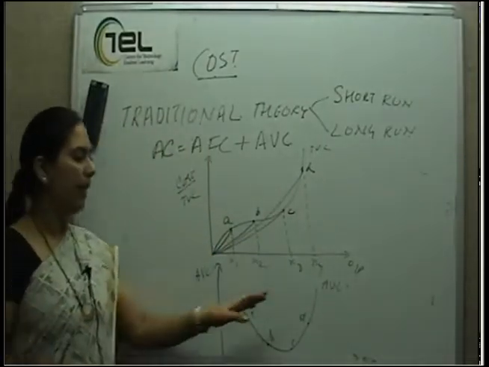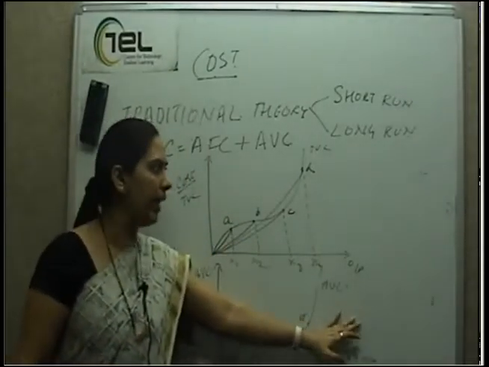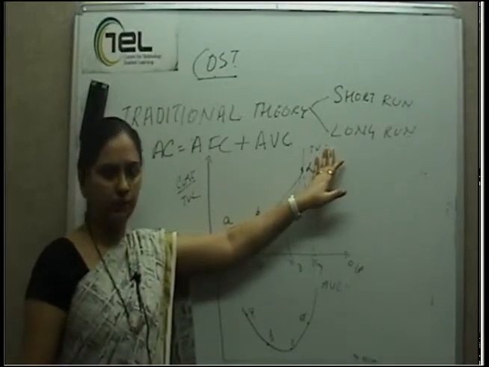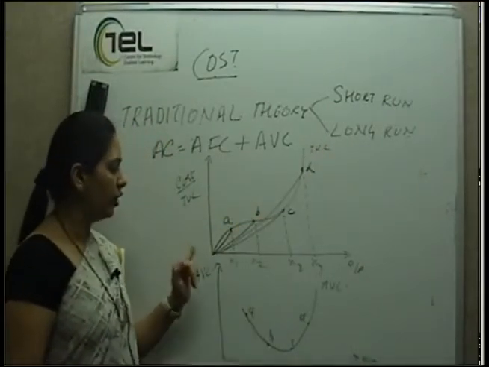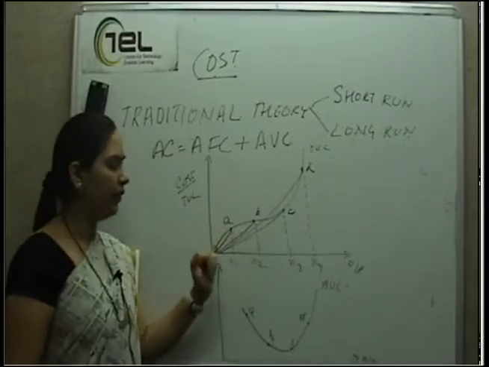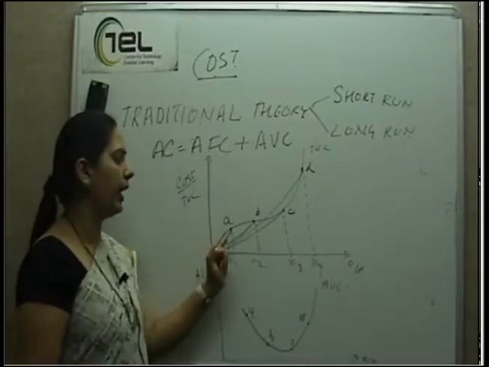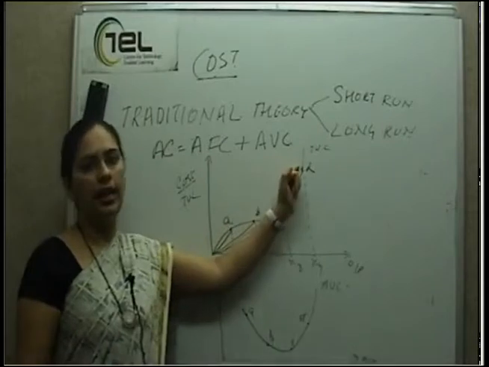Therefore, my average variable cost curve is derived from the total variable cost curve, by plotting the slope of lines drawn from the origin to points A, B, C and D.